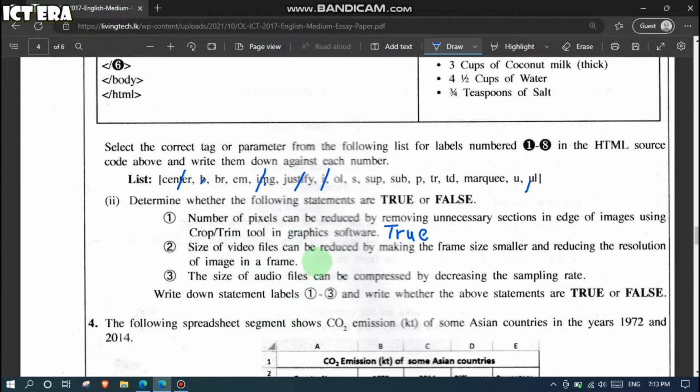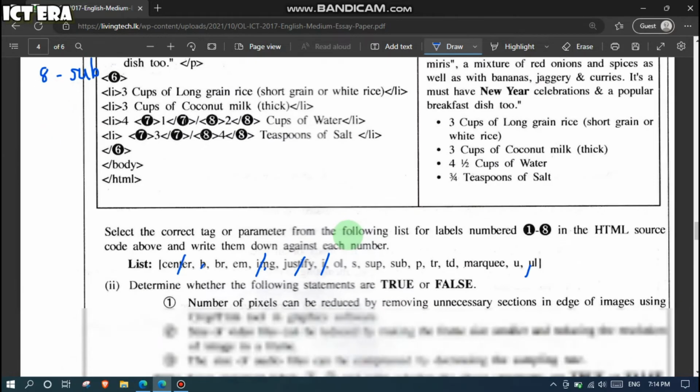Size of a video file can be reduced by making the frame size smaller and reducing the resolution of the image. Yes, true. Then the size of audio files can be compressed by decreasing the sample rate. Yes. So all are true. Right.